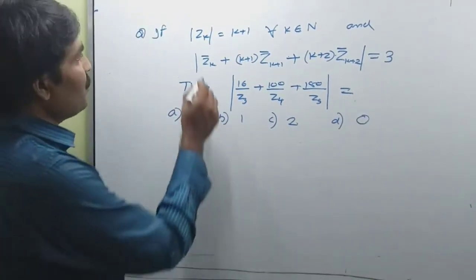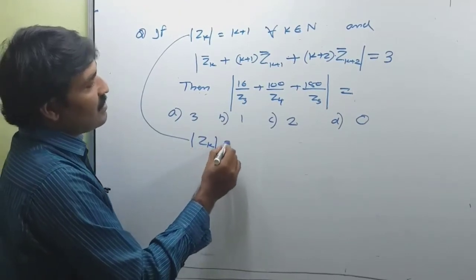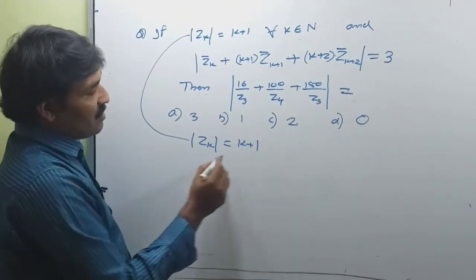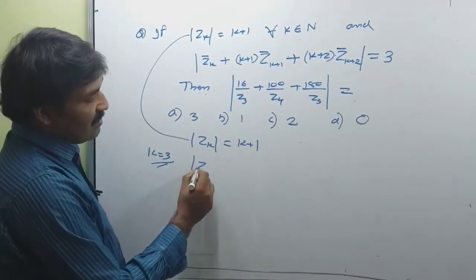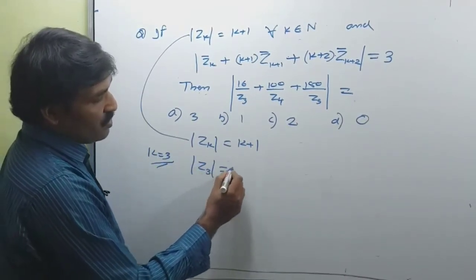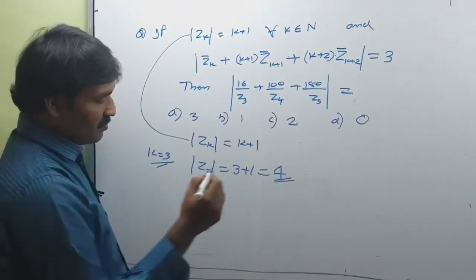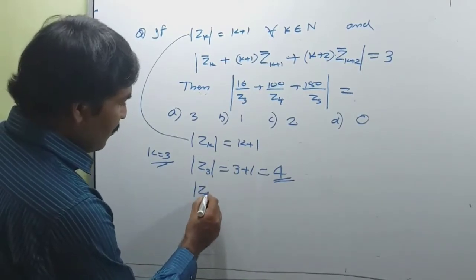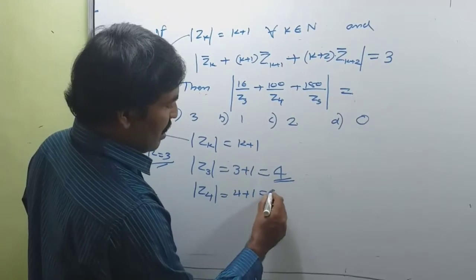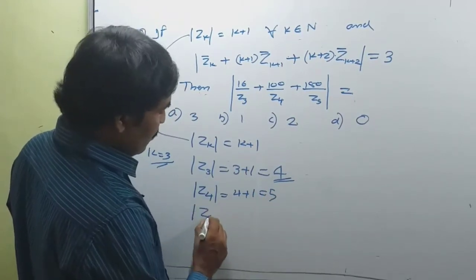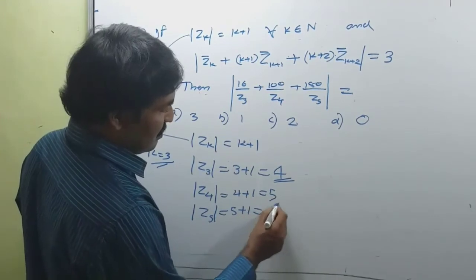These are the choices. Mod Zk is given as k plus 1. So when k is equal to 3, that is mod Z3 is equal to 3 plus 1, that is equal to 4. Right. Mod Z4 is equal to 4 plus 1 is equal to 5. Mod Z5 is equal to 5 plus 1 is equal to 6.